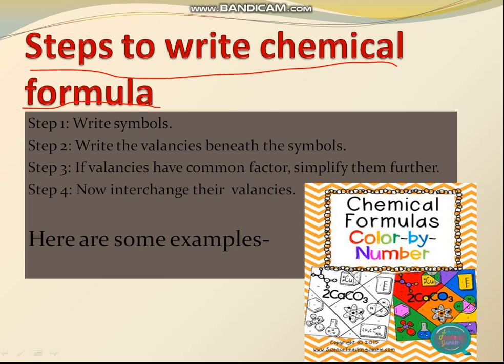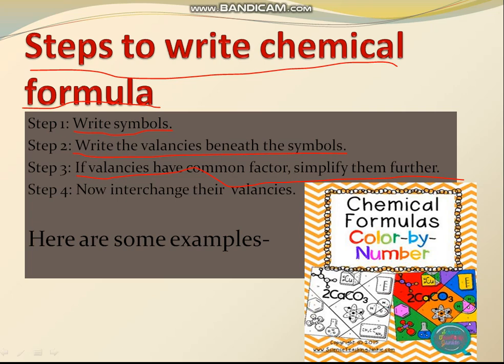So step 1 is write the symbols first. Step 2 is write the valencies beneath the symbols. Beneath is the word I have used here, so pay heed to it. Step 3: if valencies have a common factor, then simplify them further.